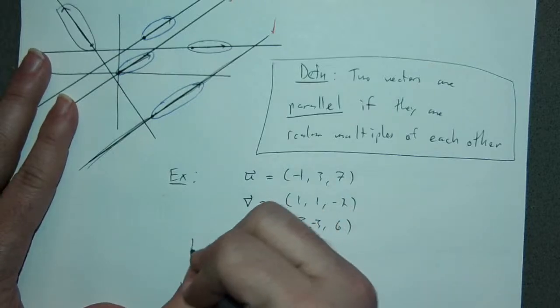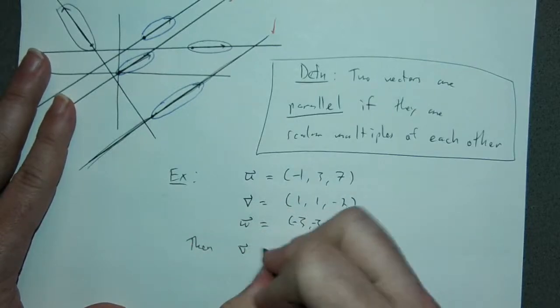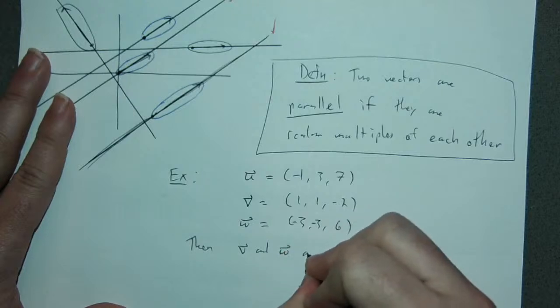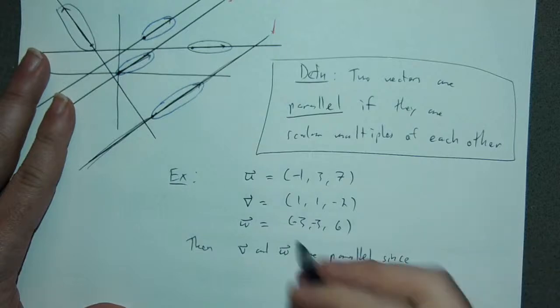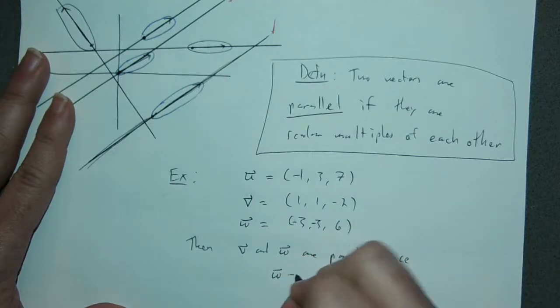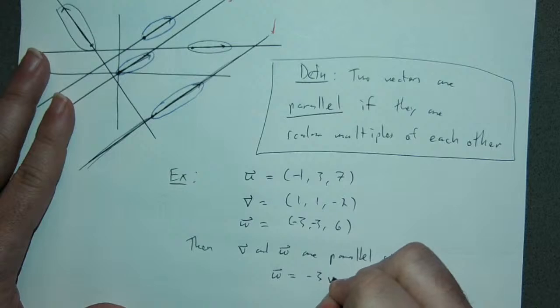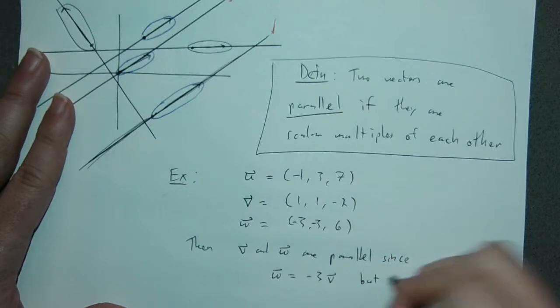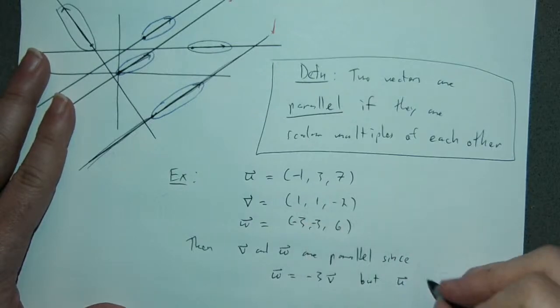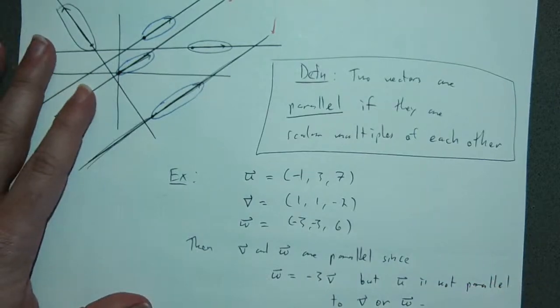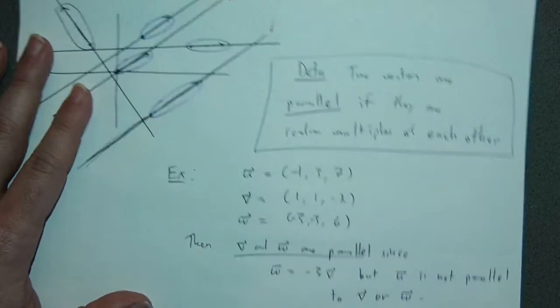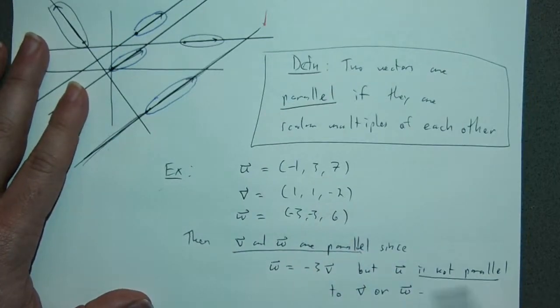Then v and w are parallel since w is equal to -3 times v, but u is not parallel to v or w. Okay, so v and w are parallel, but u is not parallel to v or w.